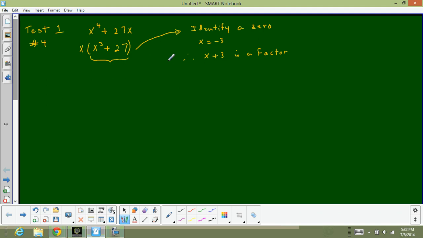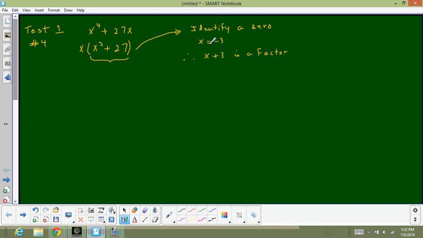You would have to see that, or know numerically, your numeracy would have to kick in, and you would have to realize that -3 cubed would result in this term being a zero. And when we say something is a zero, we're identifying a root, as if it was set equal to zero.